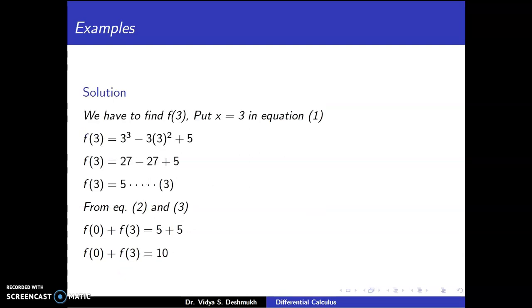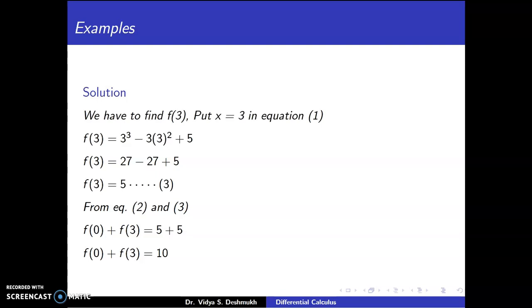Similarly, put x equals 3 in equation 1 to find out the value of f of 3. So f of 3 is equal to 3 cube minus 3 into 3 square plus 5. Therefore, f of 3 is equal to 27 minus 27 plus 5.